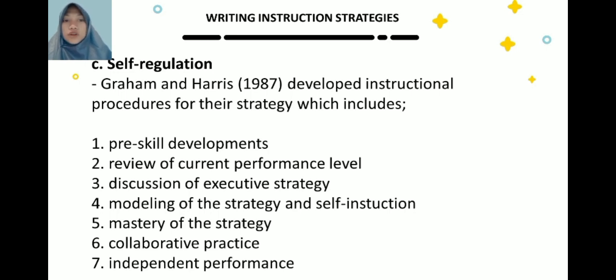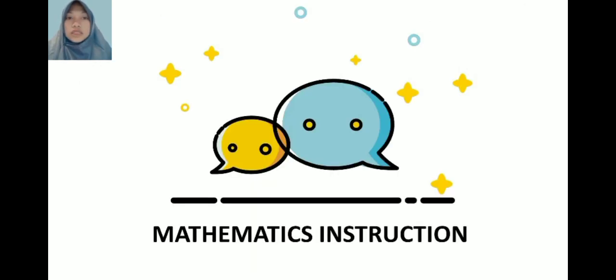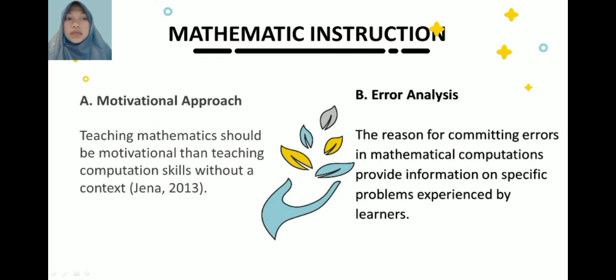And now, let's jump to the third teaching strategies for the learners with difficulty remembering and focusing, which is mathematical instruction. The same as the previous areas, the use of explicit instruction is suggested in teaching mathematics. Additional strategies are also recommended below. The first one is the motivational approach.